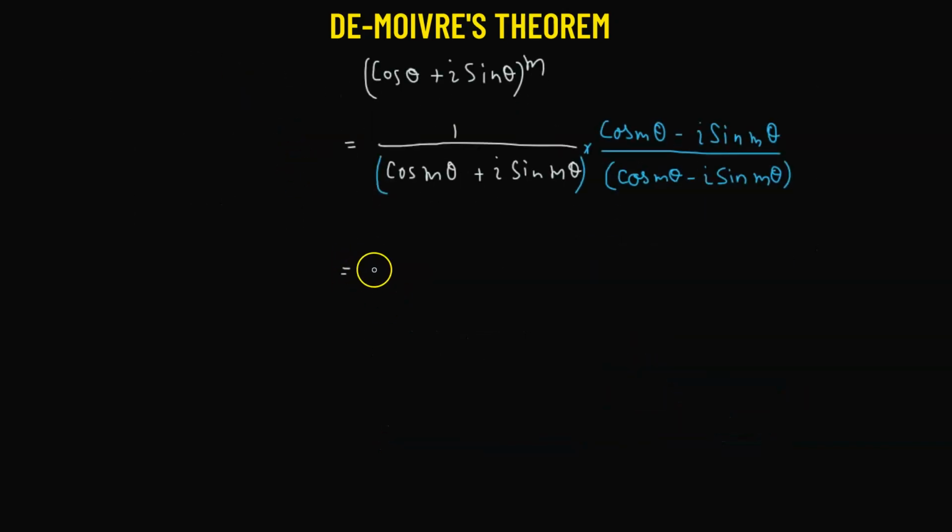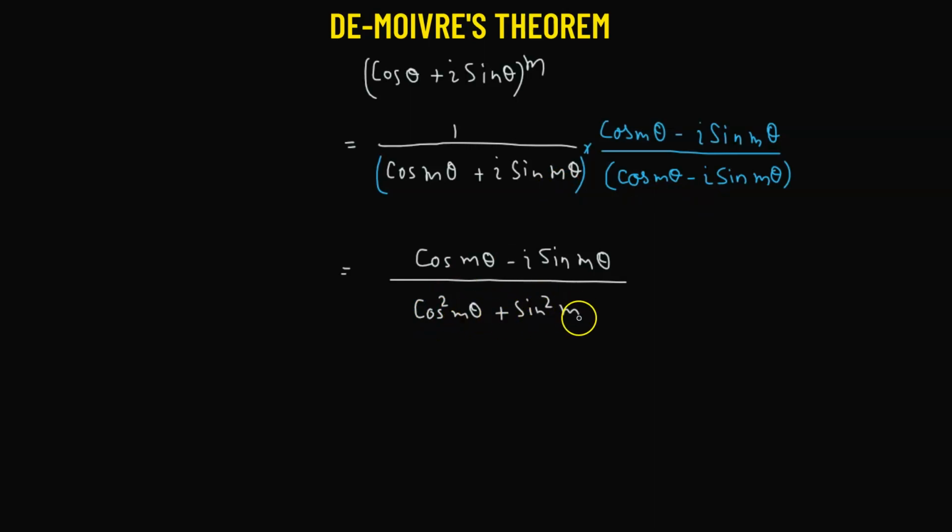In the numerator we're going to have cosine of m theta minus iota times sine m theta, whole divided by, so here this is an identity, a plus b times a minus b. So we'll have cosine squared m theta plus sine squared m theta. Here we have used the fact that i squared is -1. So the denominator term goes to 1 because that's a standard identity, and this leaves us with the value cosine of m theta minus iota times sine m theta.